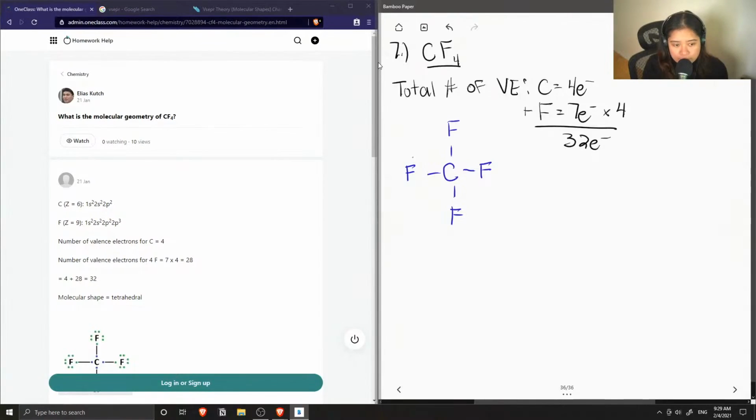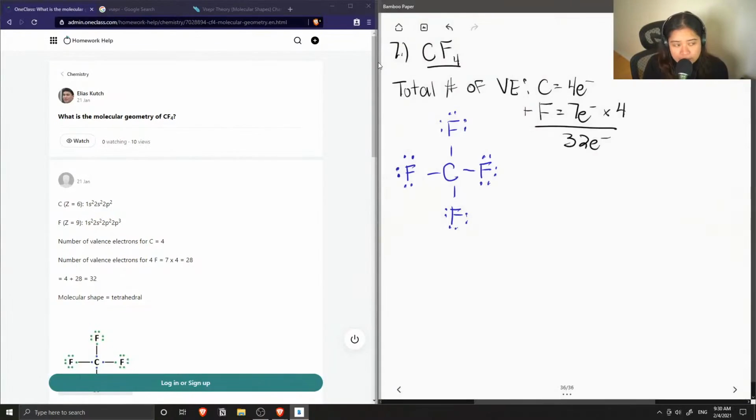Now we'll fill up all of the lone pairs on our terminal atoms so that they have a complete octet. If I count out all the electrons in this structure, you can see that I already have my 32 electrons, so this is already the correct Lewis structure.